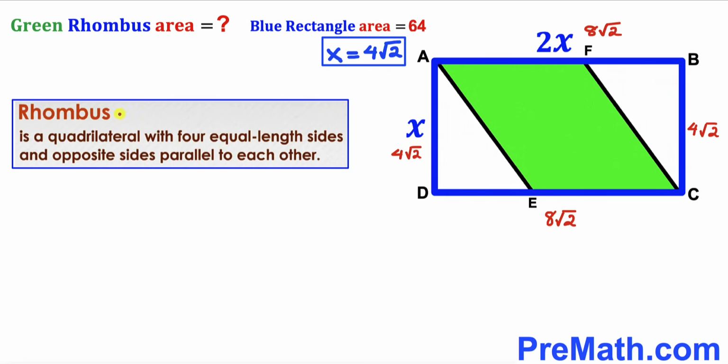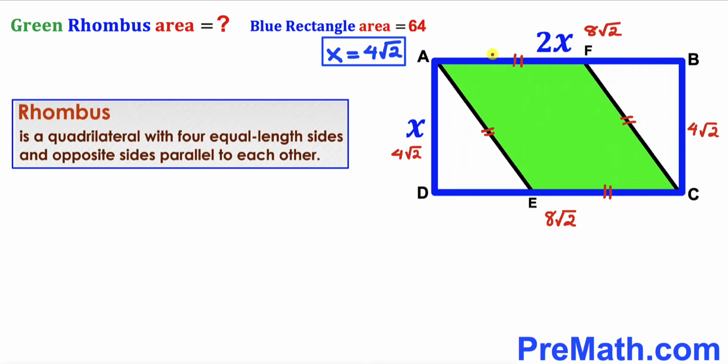Now let's recall the definition of a rhombus. A rhombus is a quadrilateral with 4 equal length sides, and the opposite sides are parallel to each other. So for this green shaded rhombus, this side AF is going to be equal to this side AE, and this is equal to this side EC, and finally this is equal to this side CF.